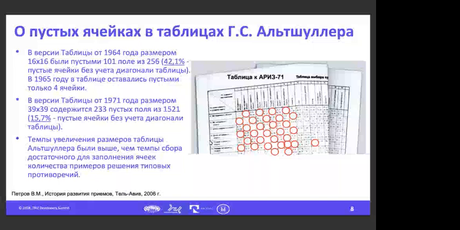In 1965, we had the same size of table and only 4 cells remained empty. And then, if we generalize these characteristics, there are more general characteristics, as we are aware. Our current modern Altshuler's table is 39 by 39, and there are 233 empty cells out of 1521 cells.